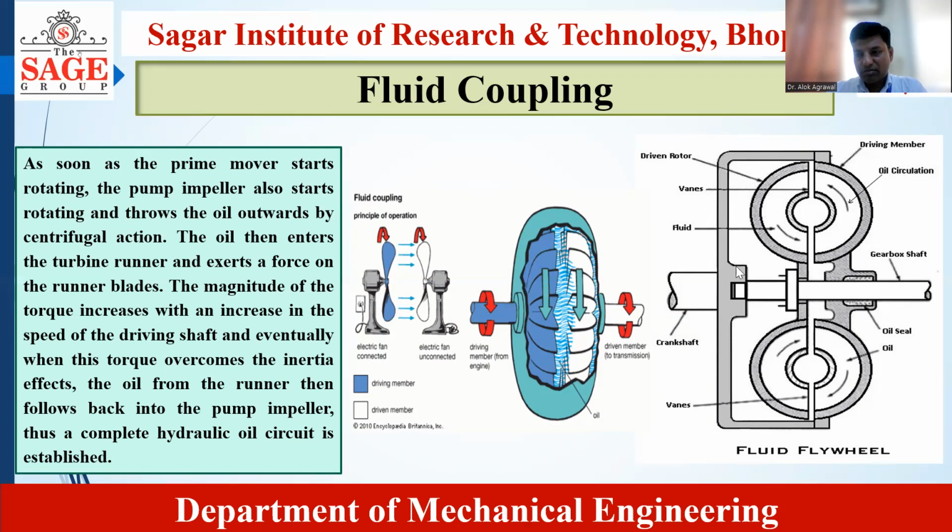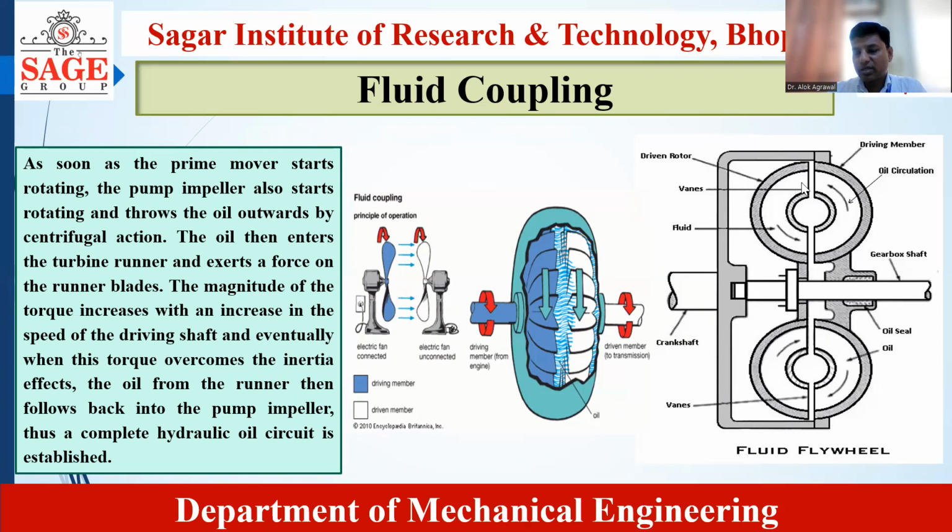This is the line diagram, or we can say the layout, of the fluid coupling. Here, this arrow is showing the flow of fluid, that is oil. This is our crankshaft. This is our fluid which is moving like this. This is on the right side. This is the pump impeller. The fluid goes out circumferentially from the pump impeller and will strike the turbine runner, or we can say the driven rotor.